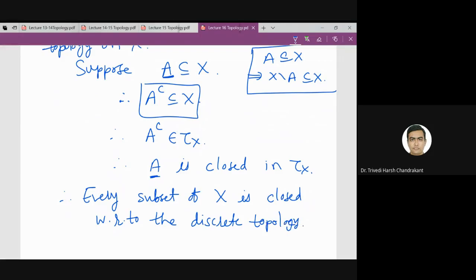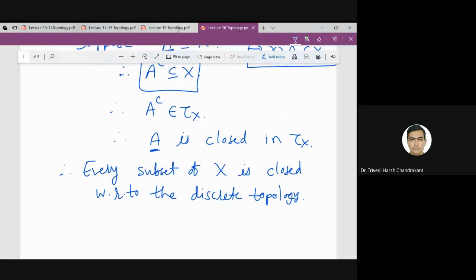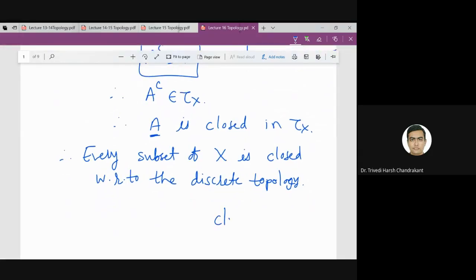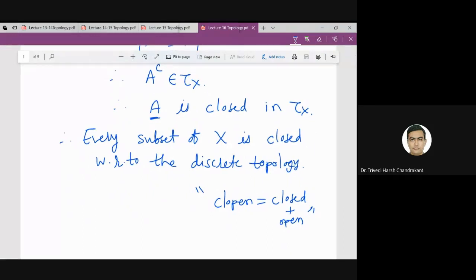And open as well, yes, open we already discussed. So it is true that every subset is open as well as closed. Some books use such a notion as clopen, meaning closed plus open, but this is not standard terminology, though some books or some faculty use it.